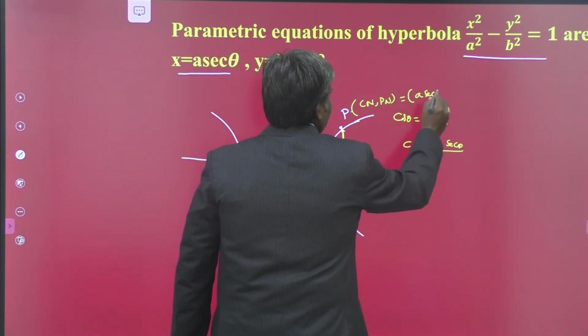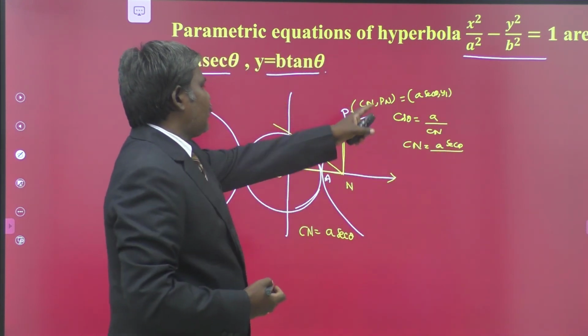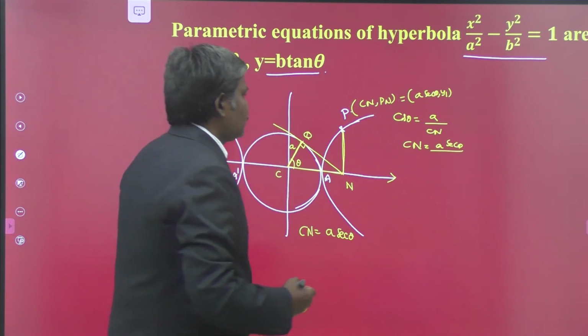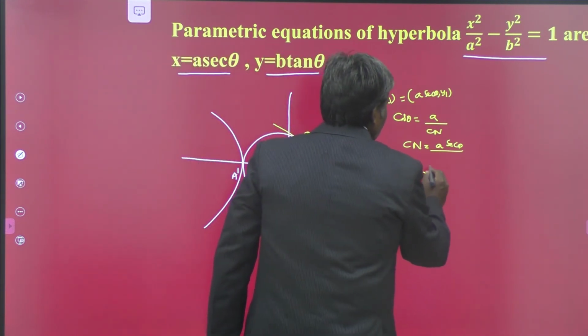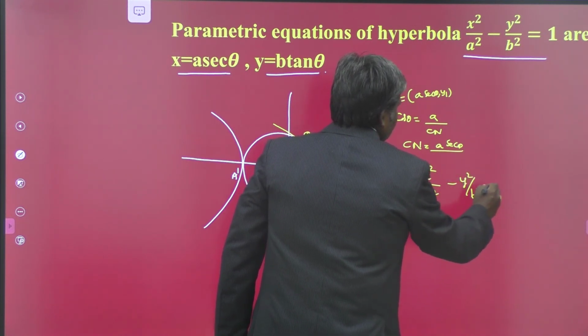a secant theta comma, suppose this is y1 say. Can you get y1 by substituting the point P in the hyperbola equation itself or not? Yes. What is the equation of the hyperbola? x square by a square minus y square by b square is equal to 1.